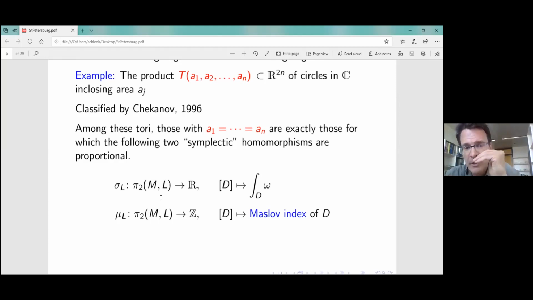When you have your Lagrangian, you take the tangent bundle and trivialize it over the disk, and then you look at how much the Lagrangian part twists when you go along the boundary, how much it rotates. I'm not precise. I will give you an example.